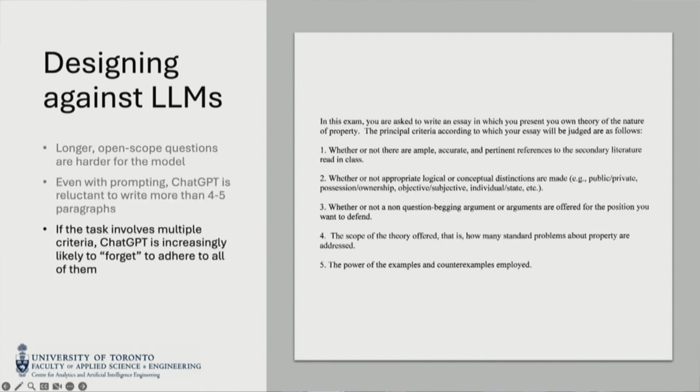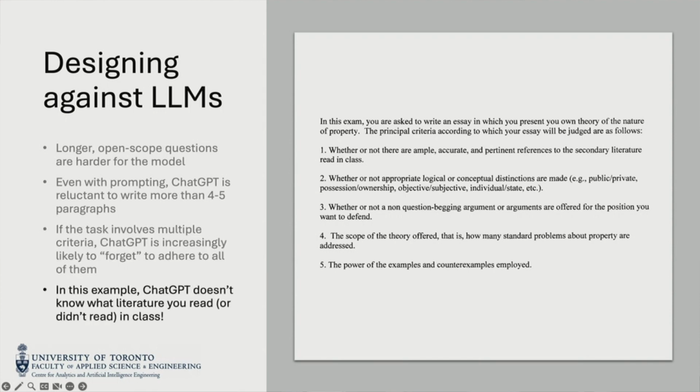Also, there's multiple complex criteria here, and ChatGPT is liable to forget to adhere to all of them. I found that when I gave this question to ChatGPT, it struggled to keep in mind all of these distinct criteria as it generated an answer. Finally, this question asks the student to refer to pertinent references in the literature read in class.